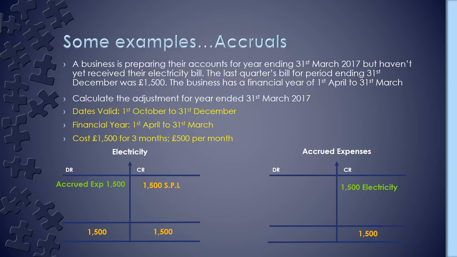So let's then have a look at our accrued expenses. So we've got £1,500, and then we're going to credit the statement of financial position, my apologies, because that is going to be a liability. So that's going to be your adjustment. So we're going to have to make sure that we've got enough money to cover that when the bill eventually comes in. So it's a liability for us, so therefore it's a credit.